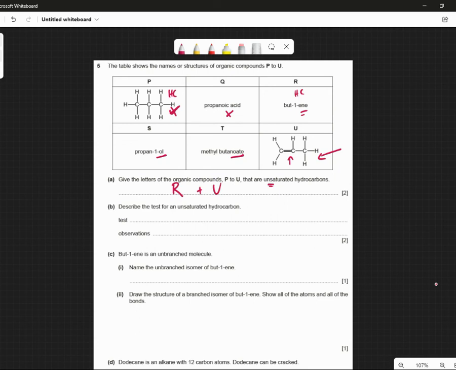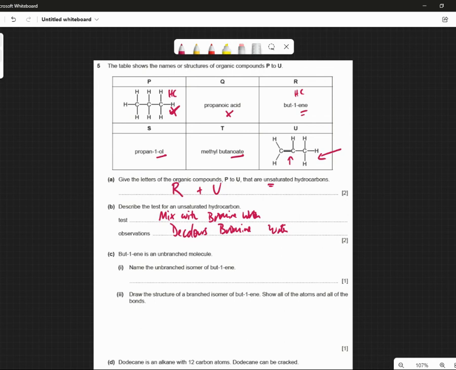Describe a test for saturation. You mix with bromine water, as you all know, and it decolorizes the bromine water. In other words, it makes it go colorless. But-1-ene is unsaturated.